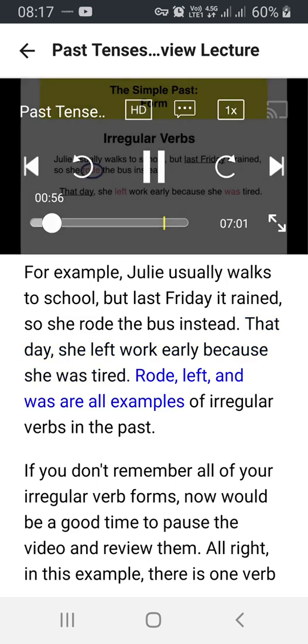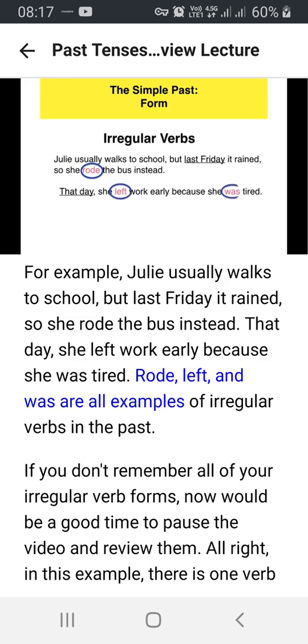Rode, left, and was are all examples of irregular verbs in the past.